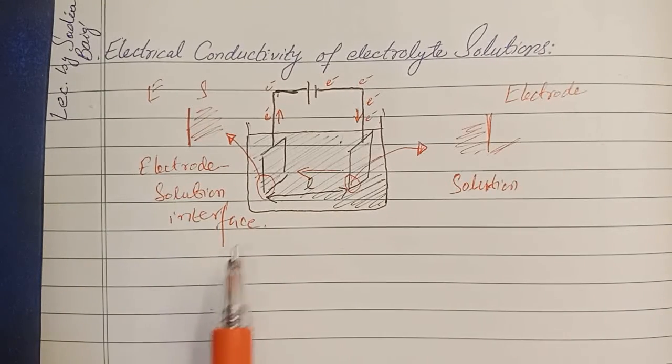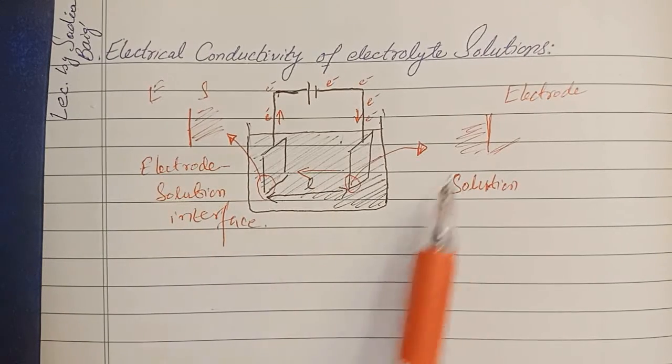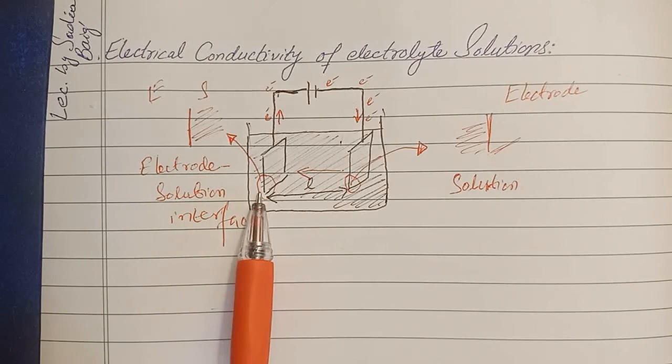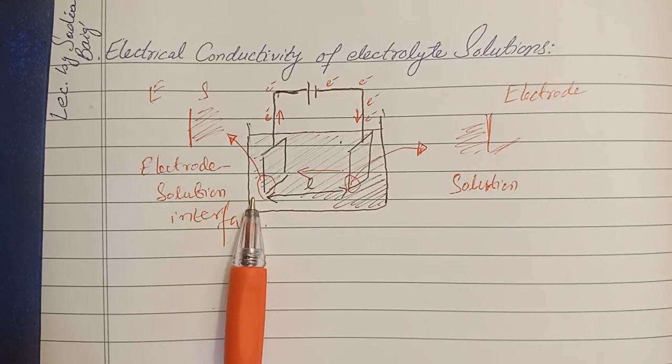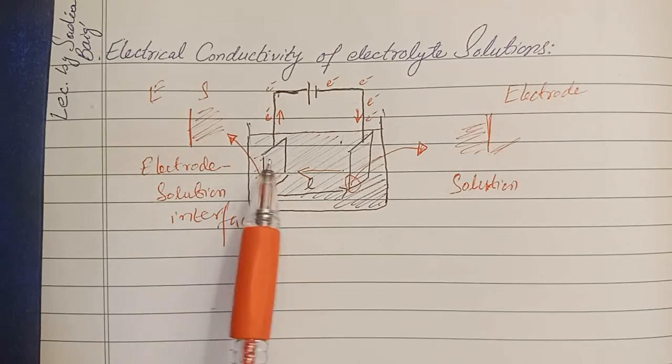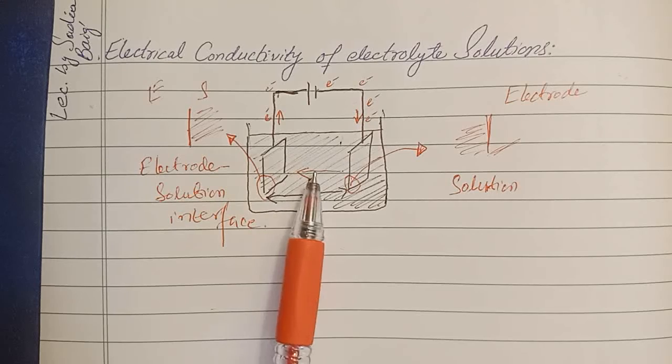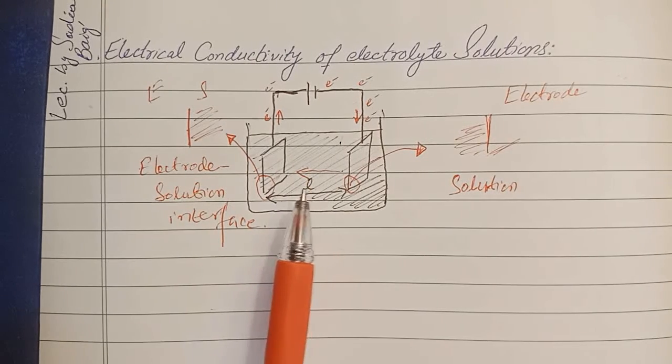At each electrode-solution interface, which has been magnified here, an electrochemical reaction occurs that transfers electrons either to or from the battery or the electrodes.